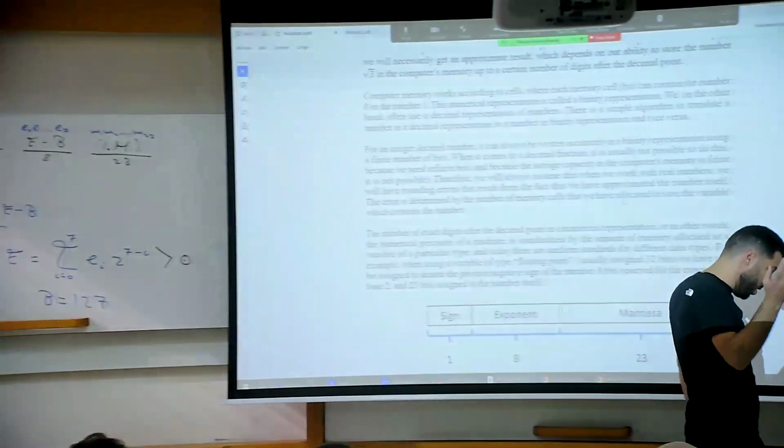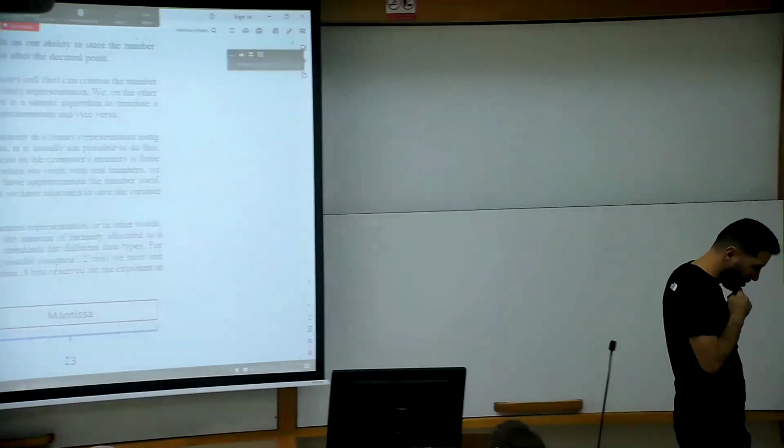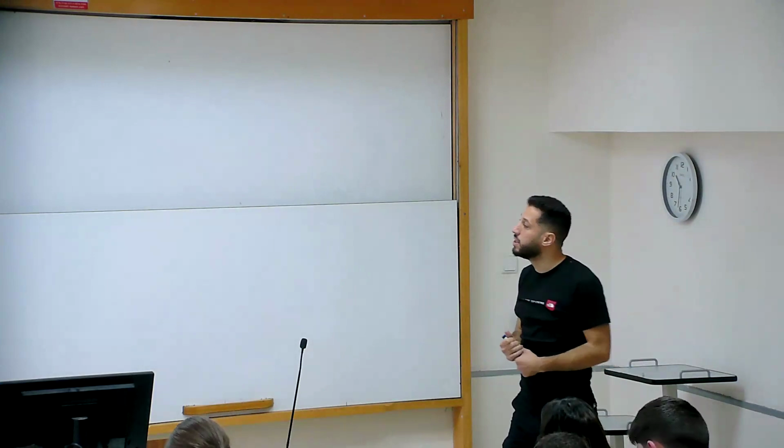But it's a convention for float that the bias is 127. Again, I want to be able to represent small numbers symmetrically as I represent large numbers.